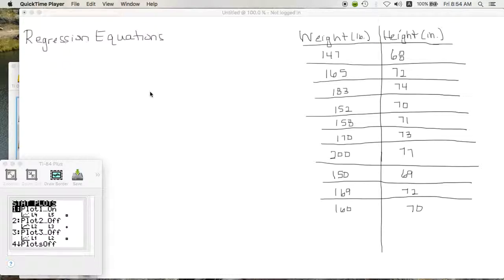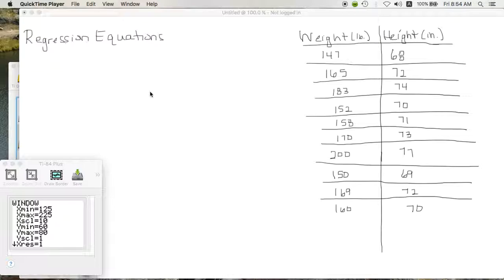and we're going to turn on the first one and make sure your y equals is all cleared out so that you don't have extra graphs going on in there. We're going to use a scatter plot, and whatever list you put it in, put the weight list as your x list and your height list as your y list. Then our window, we have to adjust so that our data will fit in it.